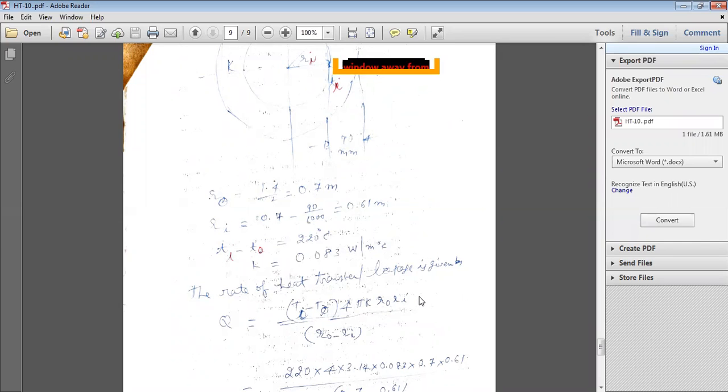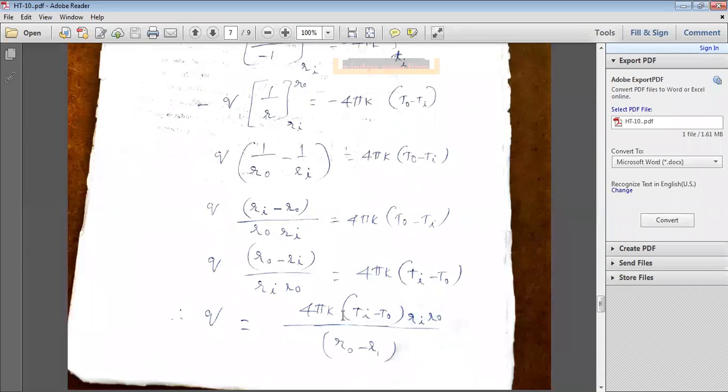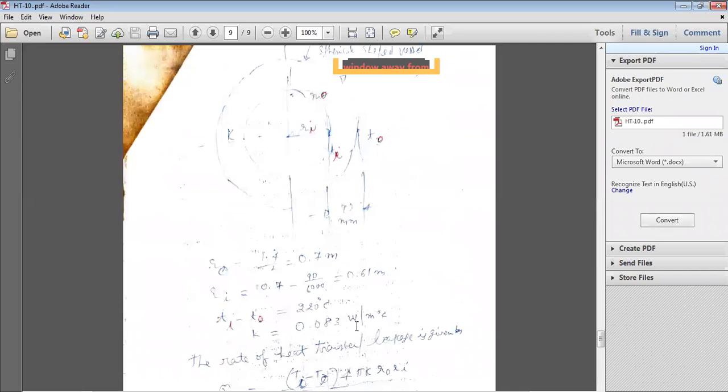Next, how do you calculate the rate of heat transfer, or heat leakage, through the sphere? Just now I gave the equation: 4 pi K into Ti minus To into Ro Ri divided by Ro minus Ri. Okay? Use that formula.